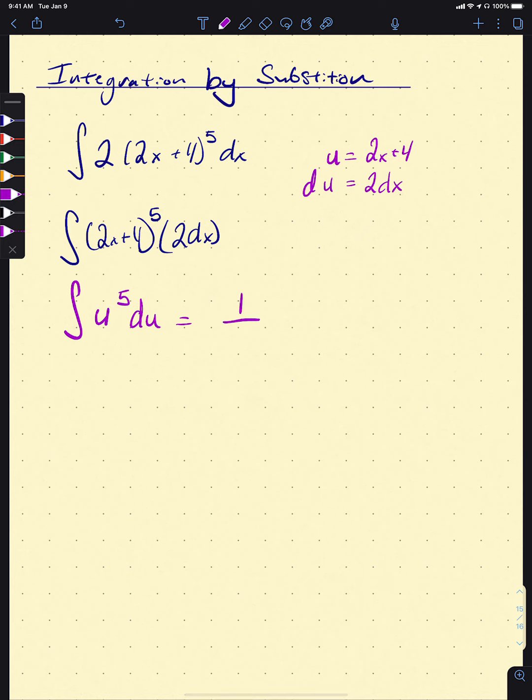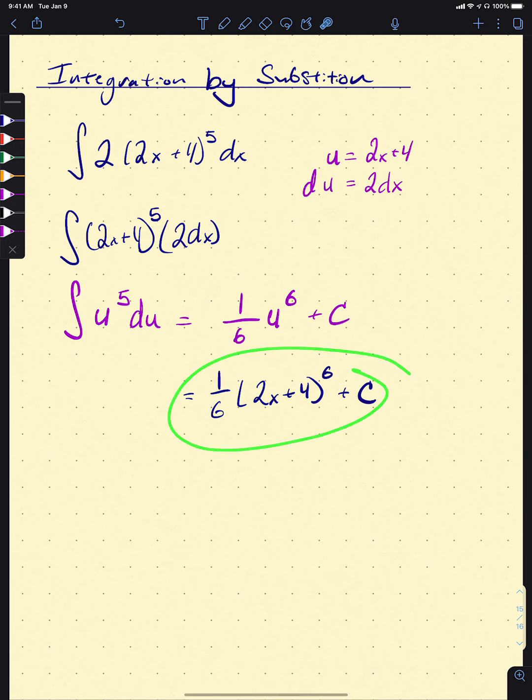That's 1 over 5 plus 1, or 6, u to the sixth plus c. Replacing u, this is 1 over 6 times (2x plus 4) to the sixth plus c. If you take the derivative of this function, you can see this is what you get.